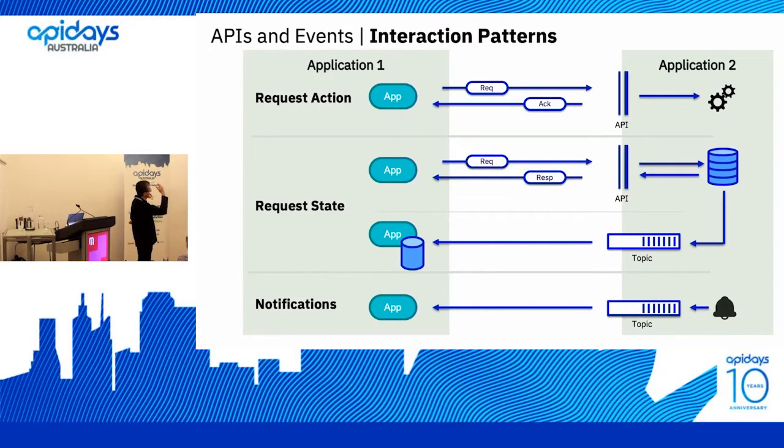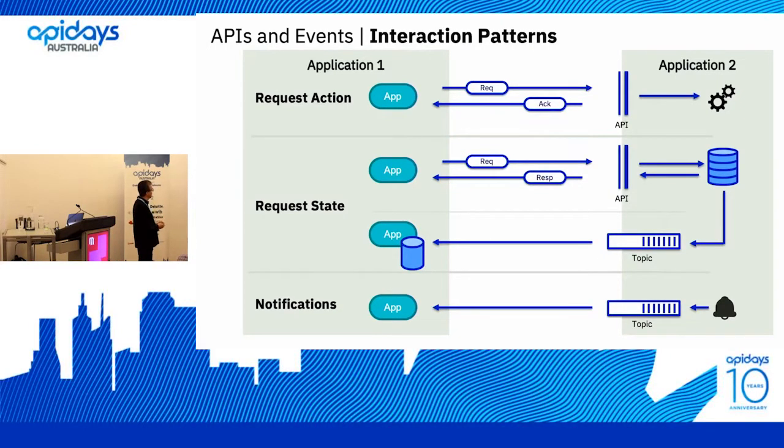And now what we can also do, of course, is if we want to know the state of something, we can turn everything on its head, as I say, the theme of today, and say, well, actually now I want the system to tell me when things change. I want to know when an order status changes. I want to know if the order's fulfilled. I want to know if my bank account's gone below a certain amount over time, or if somebody out there is using my credit card, for example, that I haven't authorised.